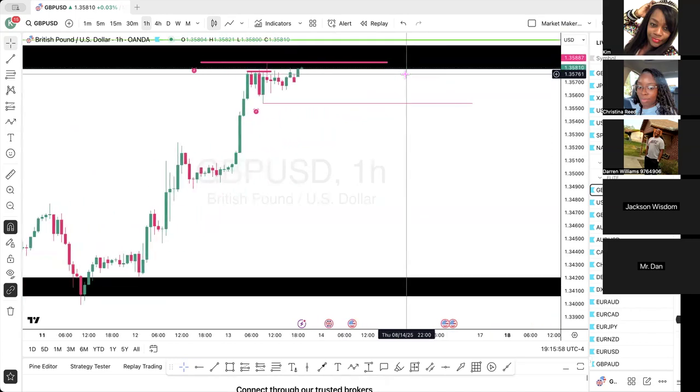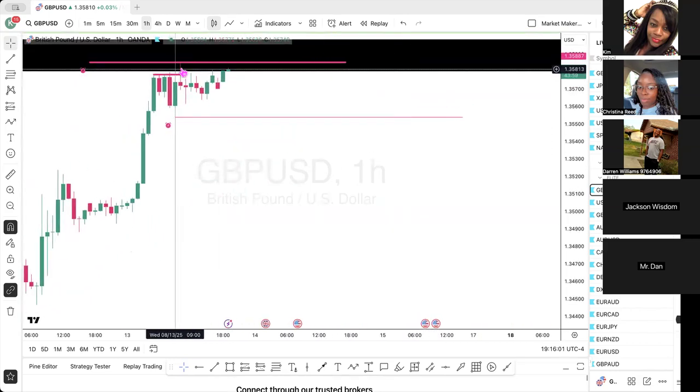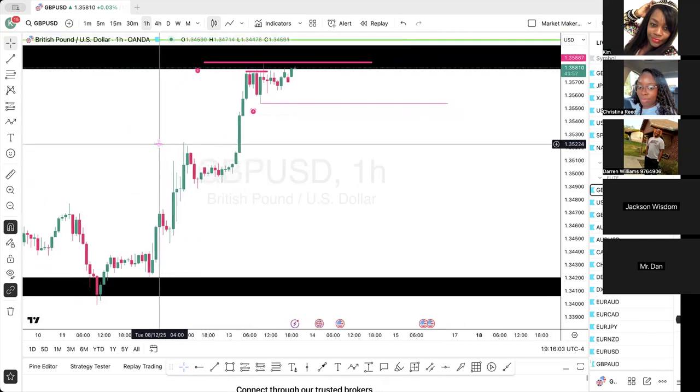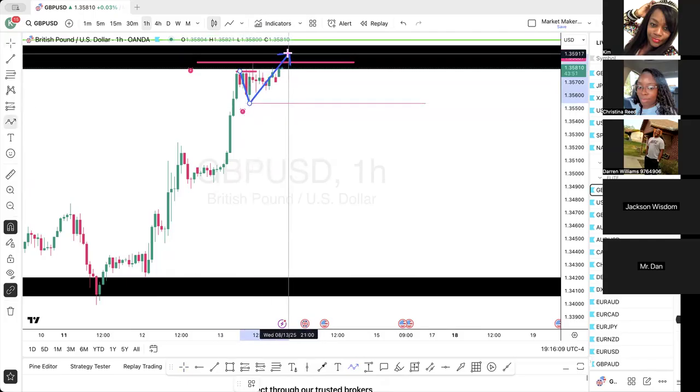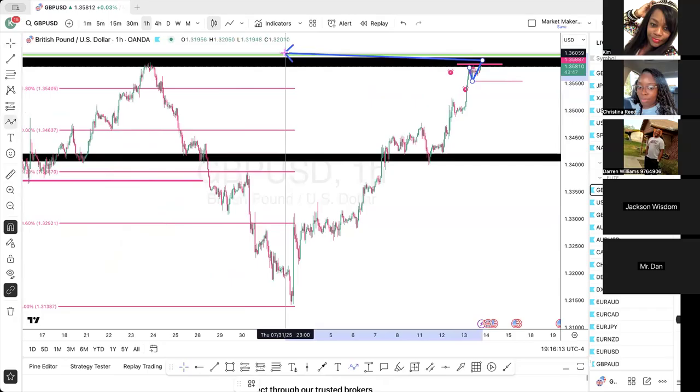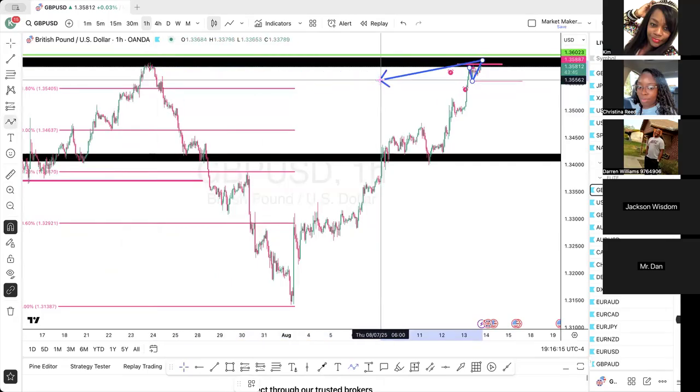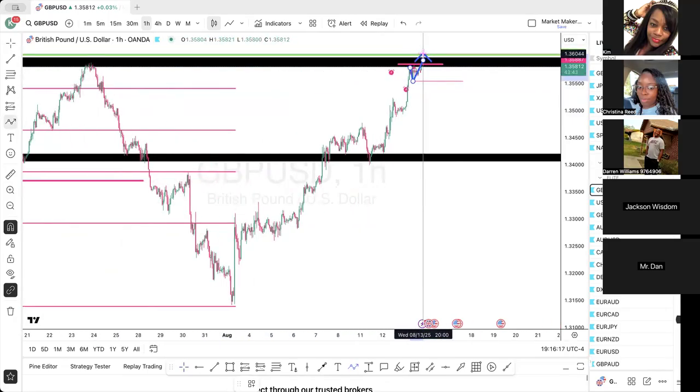So right now, this is the structure. Now, if price comes up this way, there is a high that it might come sweep out and then pull back. Then you'll be looking for the sell down to there.